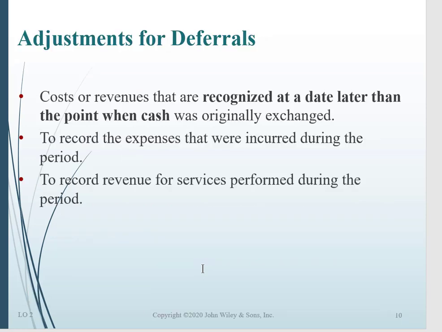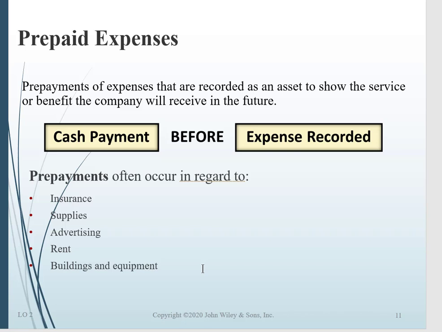The cost or revenues that are recognized at a date later than the point when cash was originally exchanged. This is what we're referring to as a deferral. So we're going to have to record expenses. We're going to have to record revenues that have actually happened during the period. So we're going to have to come back and, again, I keep saying this, we're going to have to adjust for that.